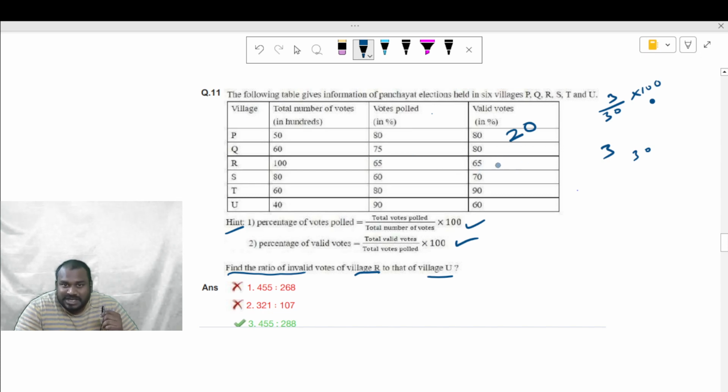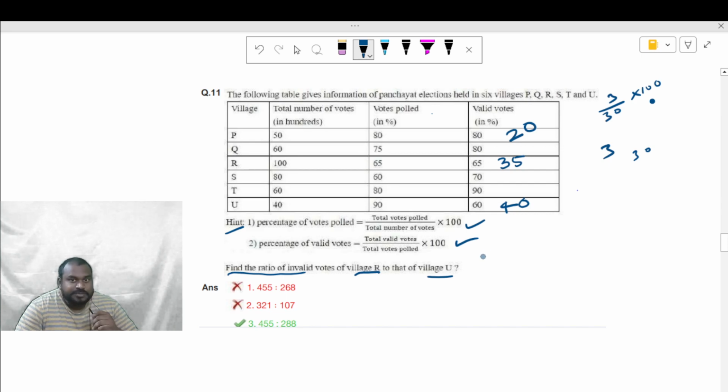So what is the invalid votes percentage? 35, because out of 100, 65 is valid. So 35 will be invalid. The same way for village U, 60% are valid. So nothing but 40% are invalid.